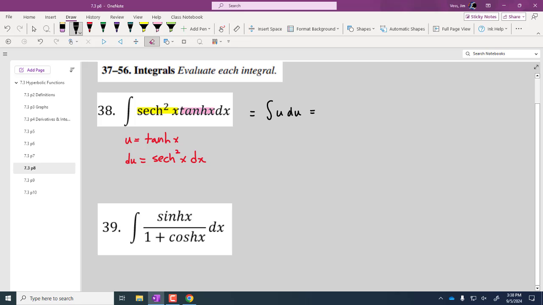Does everyone see that substitution? If we're going to replace tanh with u, its derivative is sech squared times dx, so that whole second part becomes the du. So then this is just 1/2 u squared plus c.